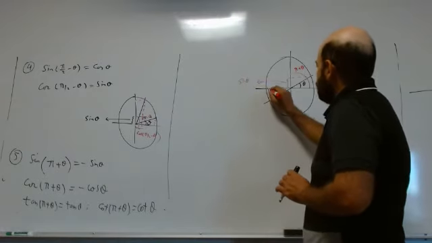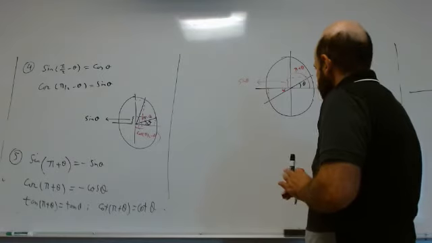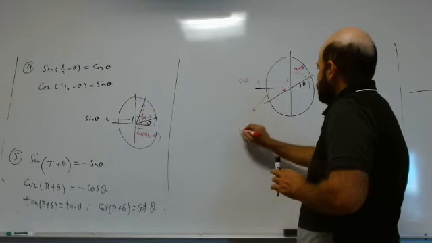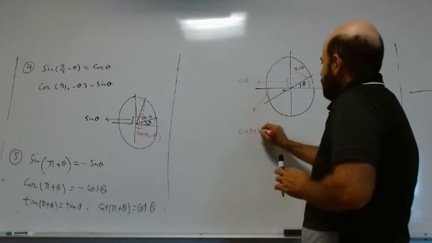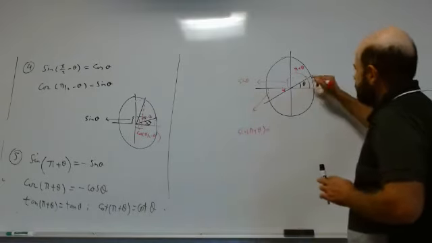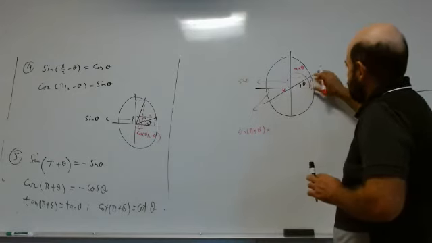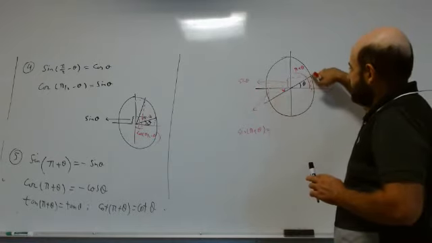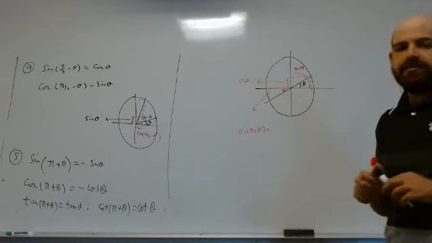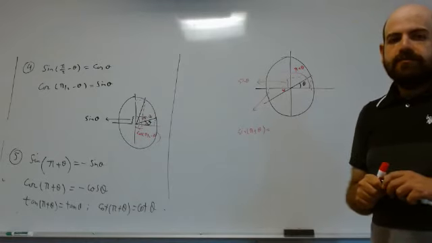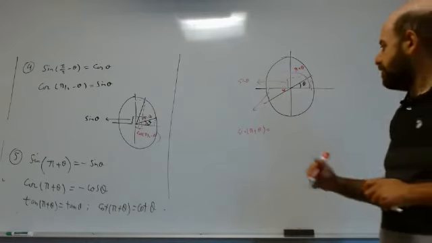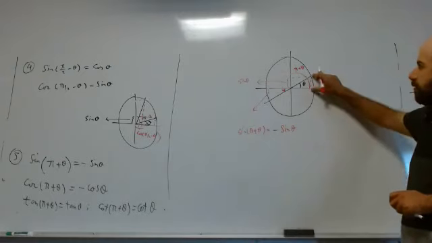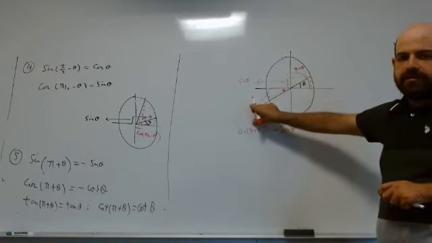And then this length here would be sine of pi plus theta, which is the same length as this. So this length and this length are the same, but one of them is above the x-axis, one of them is below the x-axis. That's why we are saying that sine of pi plus theta is minus sine theta, because one above the x-axis is positive, one below the x-axis is negative.